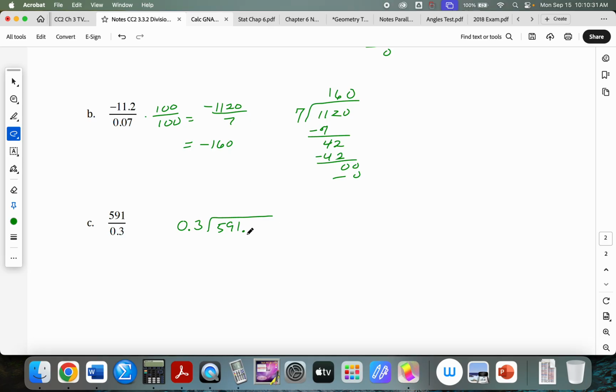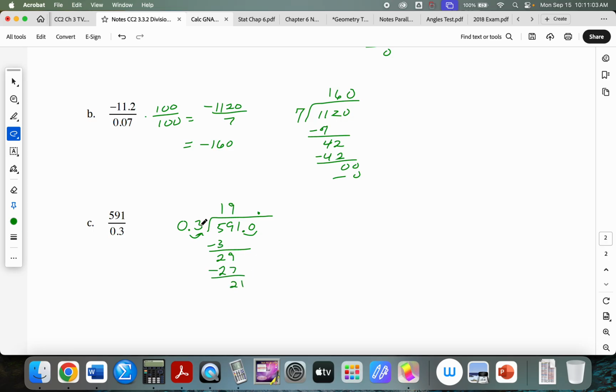So the 591 doesn't have one originally, so we have to add it, and we need to move the decimal 1 place on both of these. So now we can just do the division. 3 goes into 5 once, leaving us 2. We'll bring down the 9. 3 goes into 29 9 times, which is 27.